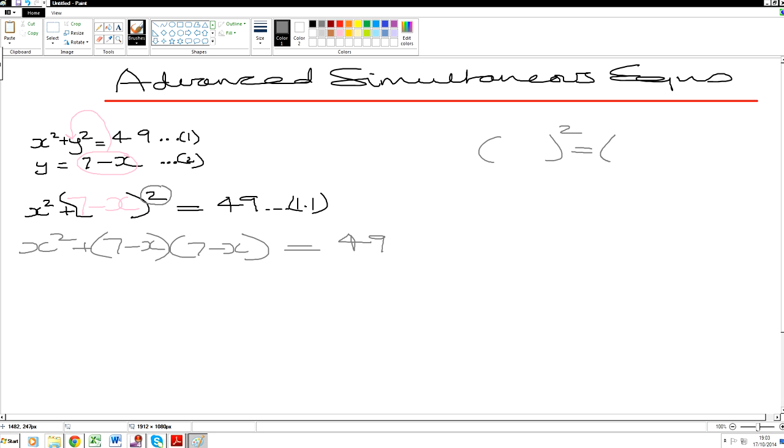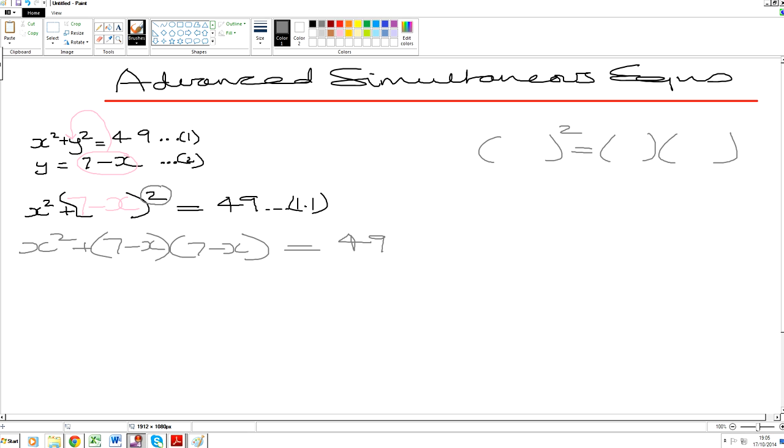So we double the brackets. Okay, go on, keep going. Give me an example here. 7 minus x, and then you put them into two brackets. Why can't you square root the first one?